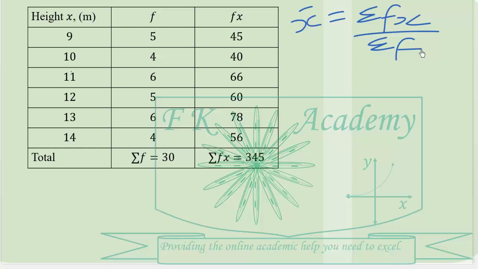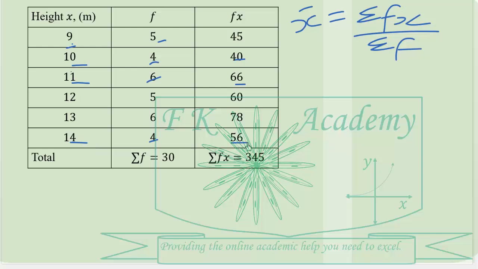So the summation fx, we got it by multiplying f by x. 5 times 9, 45, 4 times 10, 40, 6 times 11, 66, until we go to 4 times 14, 56.